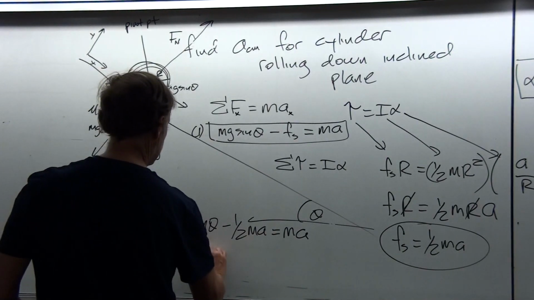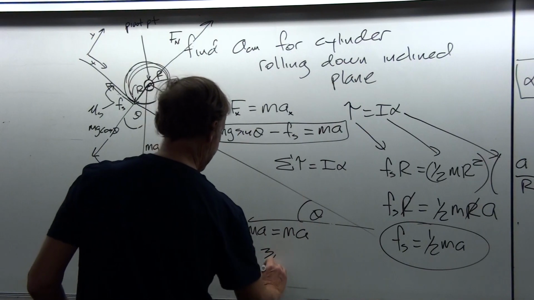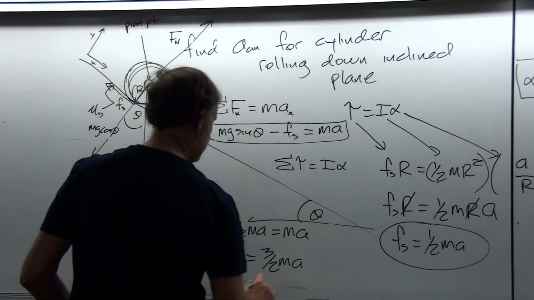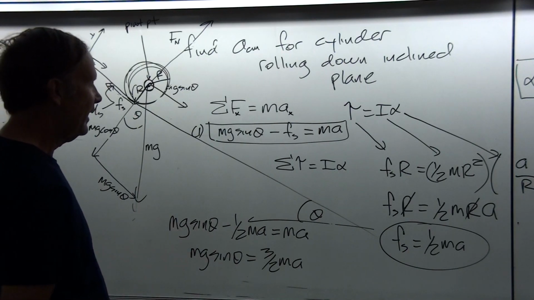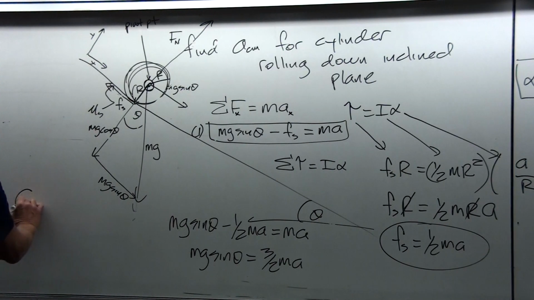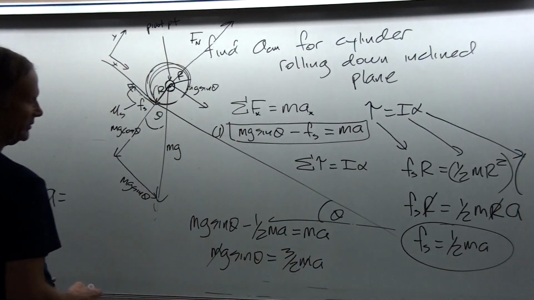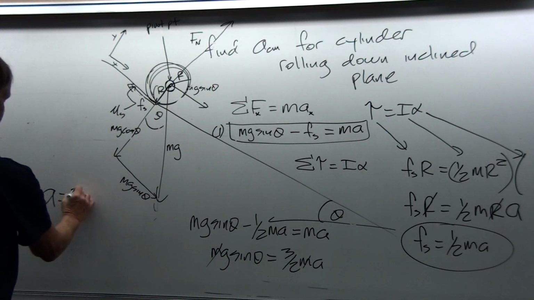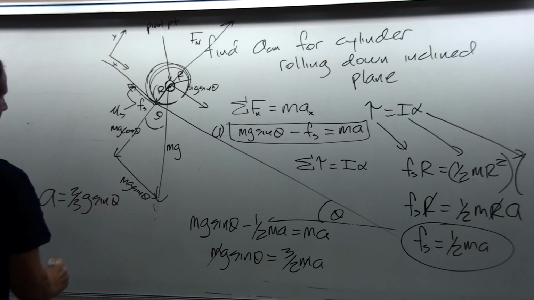Or mg sine theta equals 3/2 ma. And so now we can solve this for the acceleration. And so the acceleration then is equal to, the masses will cancel, meaning that the result does not depend on the mass, equal to 2/3 g sine theta.